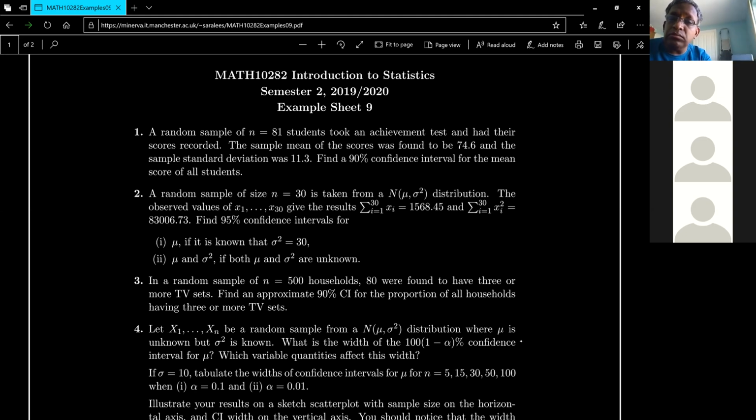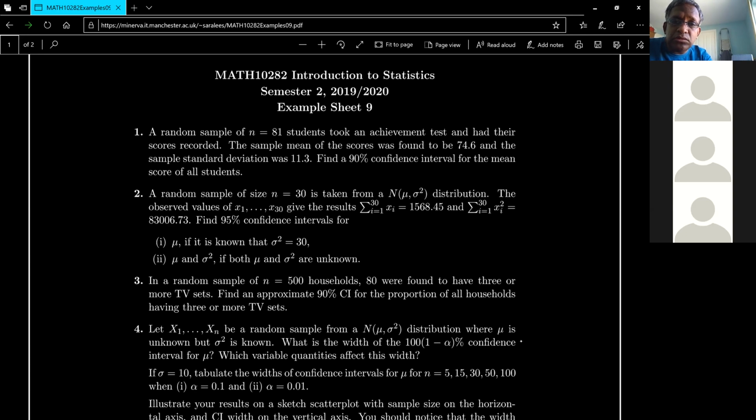You have a sample of 30 data points, and you are given their sum equal to 1568.45, and you are also given the sum of the squares equal to 83006.73.